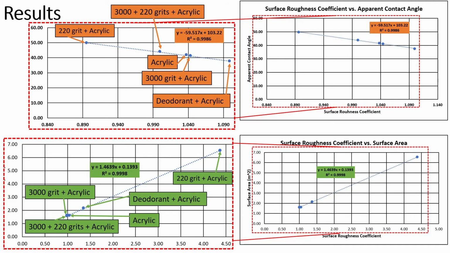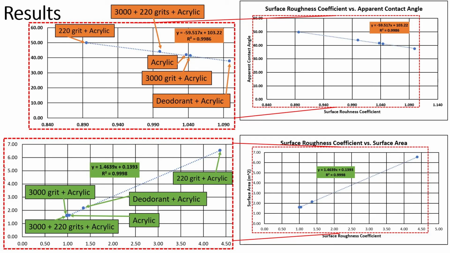And going to the farthest right on the bottom graph still, I did have my 220 grit and acrylic material at much higher surface roughness coefficients.